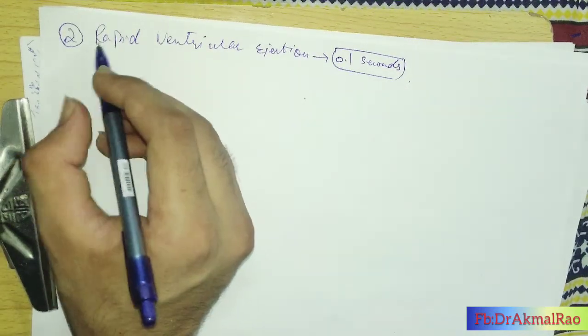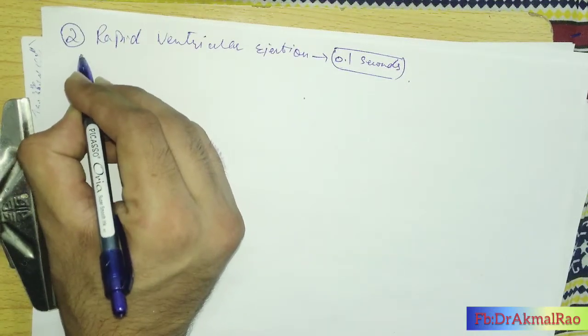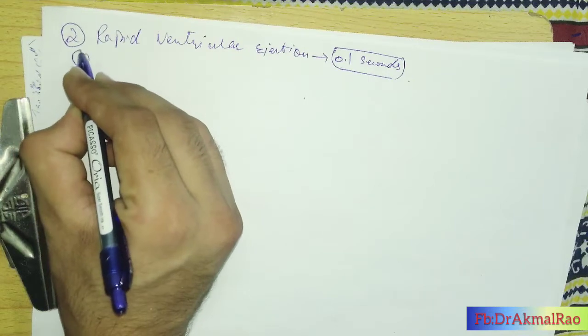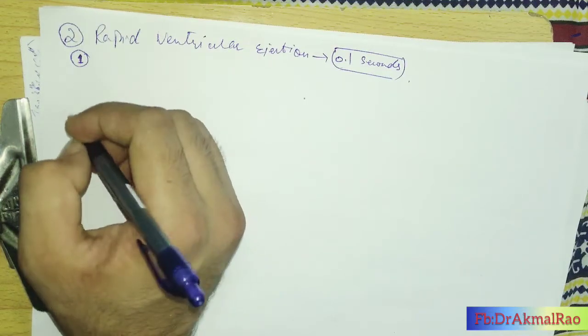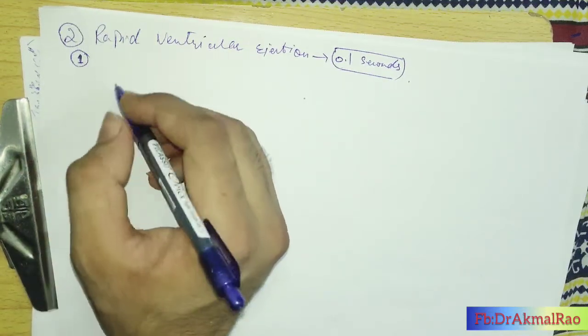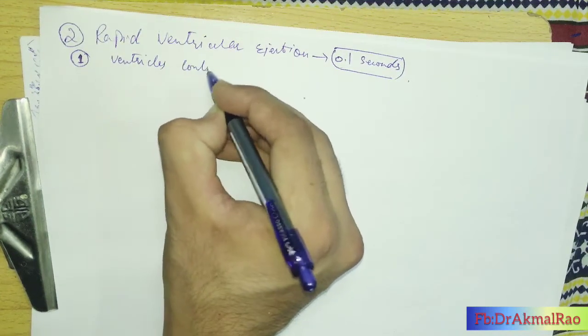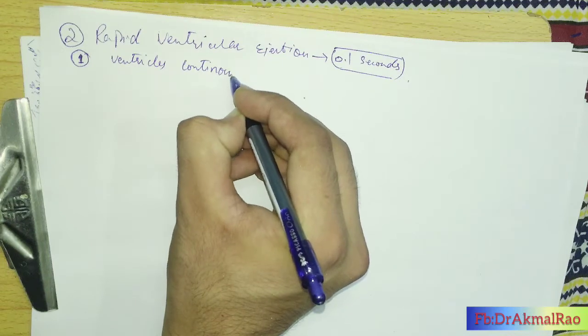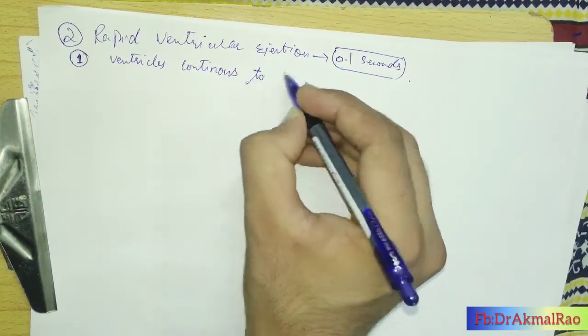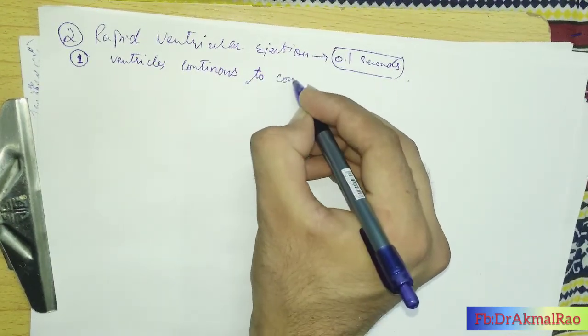The things that happen in the rapid ventricular ejection phase are, first of all, the ventricles continue to contract.